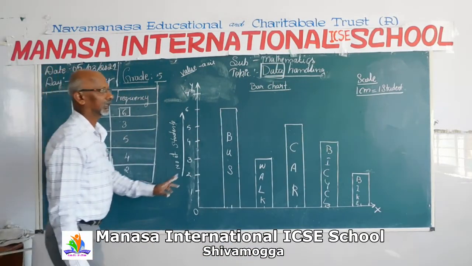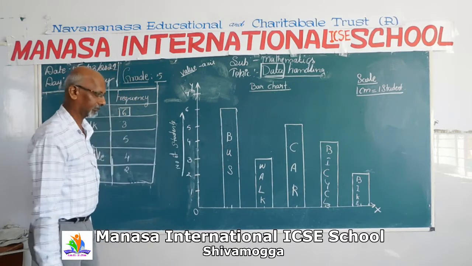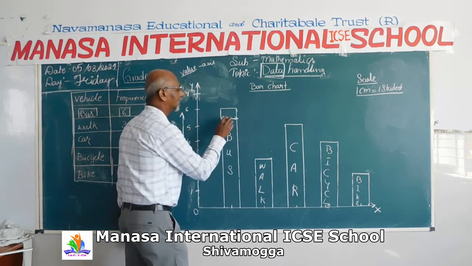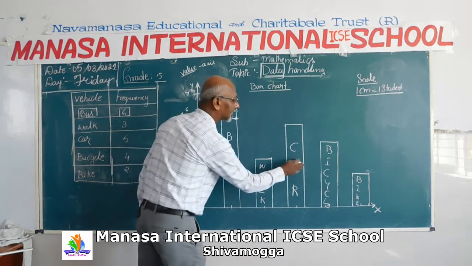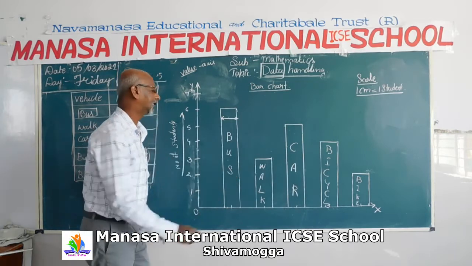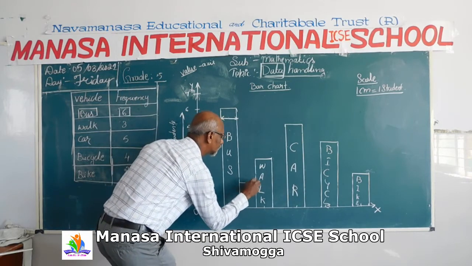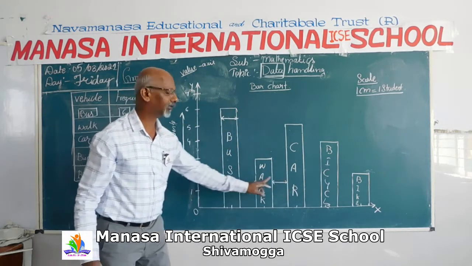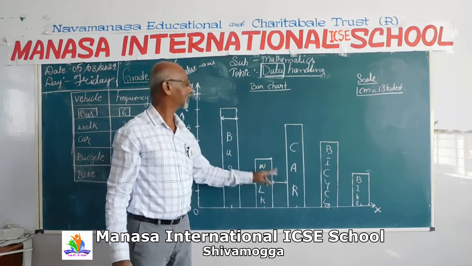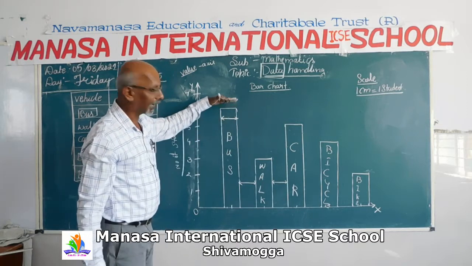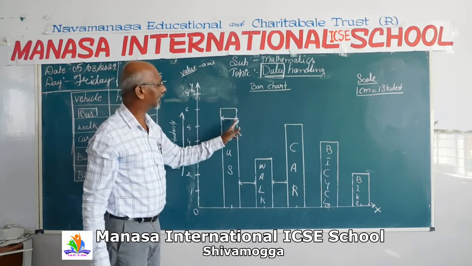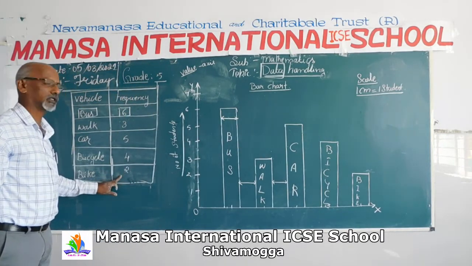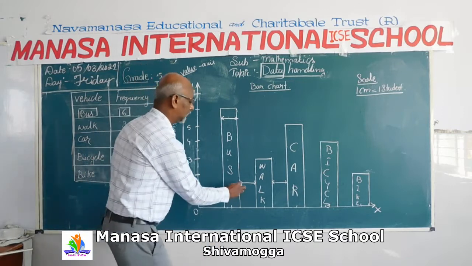So now look at this. When the bar chart is perfect, this one we can call the width of the bar. Every width of the bar will be the same, and the distance between the two bars should be the same. It should not differ. The height of the bar is dependent upon the values in the table.